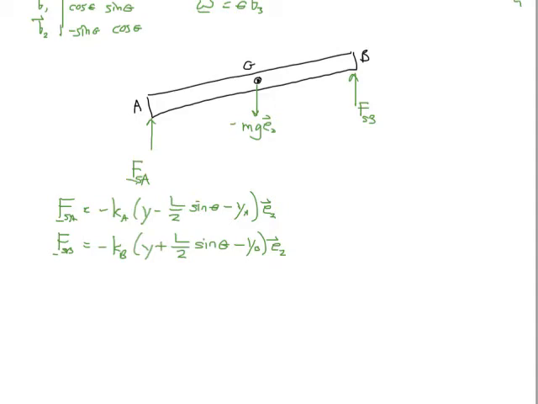For a refresher, I encourage you to go back to Screencast 7.2. The ending of that screencast was that we found the moment about the center of mass, which was due to these 2 spring forces.